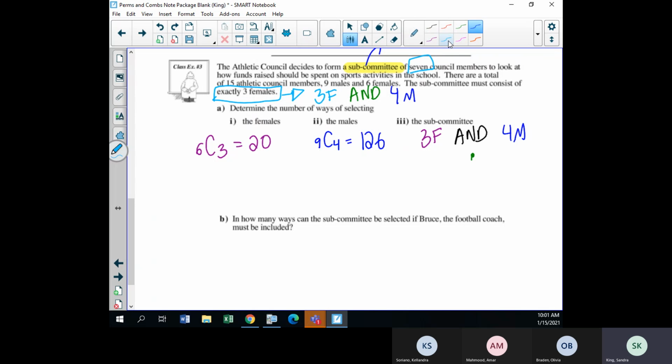The number of ways of selecting 3 females was 6 choose 3, which is 20, and the number of ways of selecting 4 males was 9 choose 4, which is 126. So the total number of ways of selecting a subcommittee of 3 females and 4 males is those two numbers multiplied together, which is 2,520.